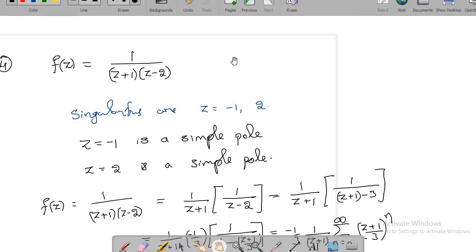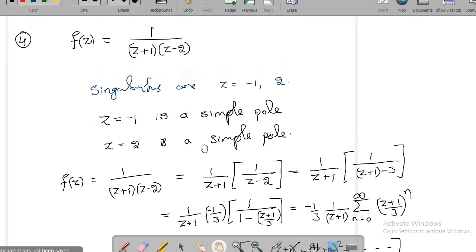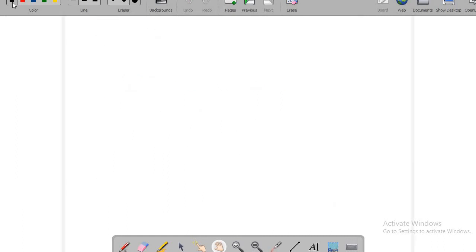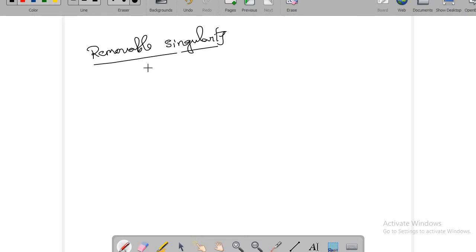And one more thing we can observe. By using limits also we can find whether it is a simple pole, or a pole of order m, or a removable singularity. So let me tell you how. First let me take a removable singularity. Let's assume that f of z has a removable singularity.